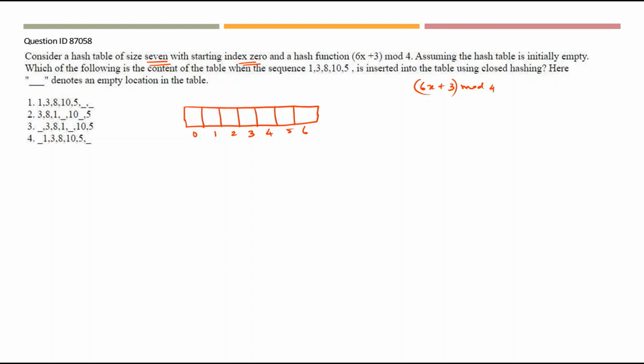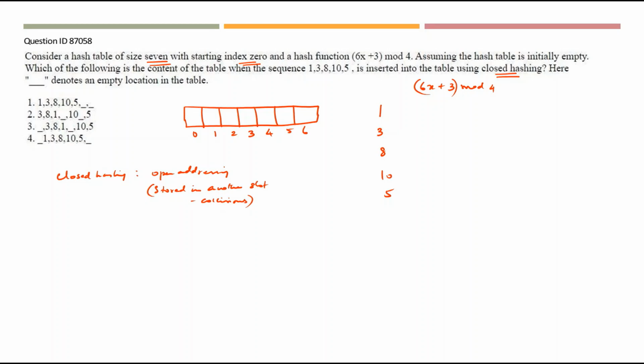Which of the following is the content of the table when the sequence 1, 3, 8, 10, 5 is inserted into the table using closed hashing? What is closed hashing? Closed hashing is also called open addressing. Here if collisions occur, they will be stored in another slot.